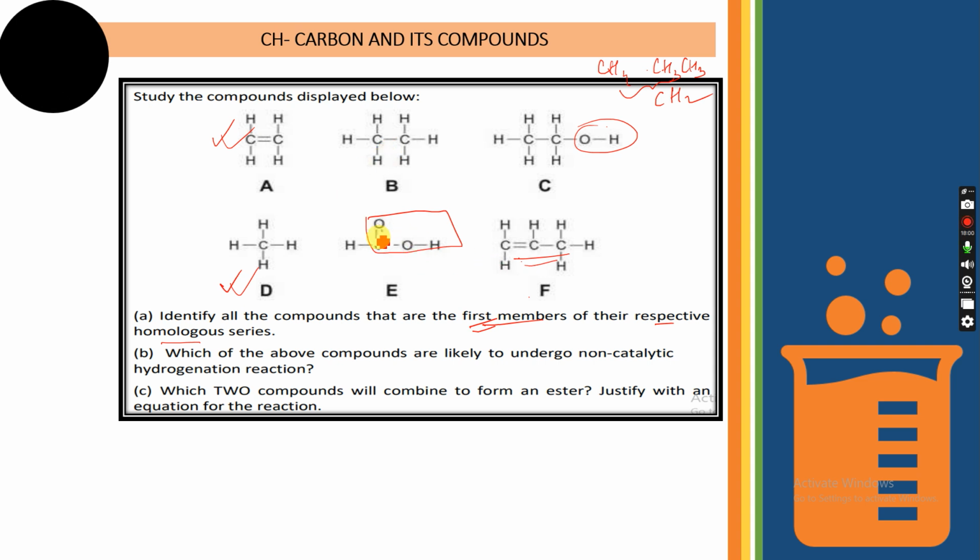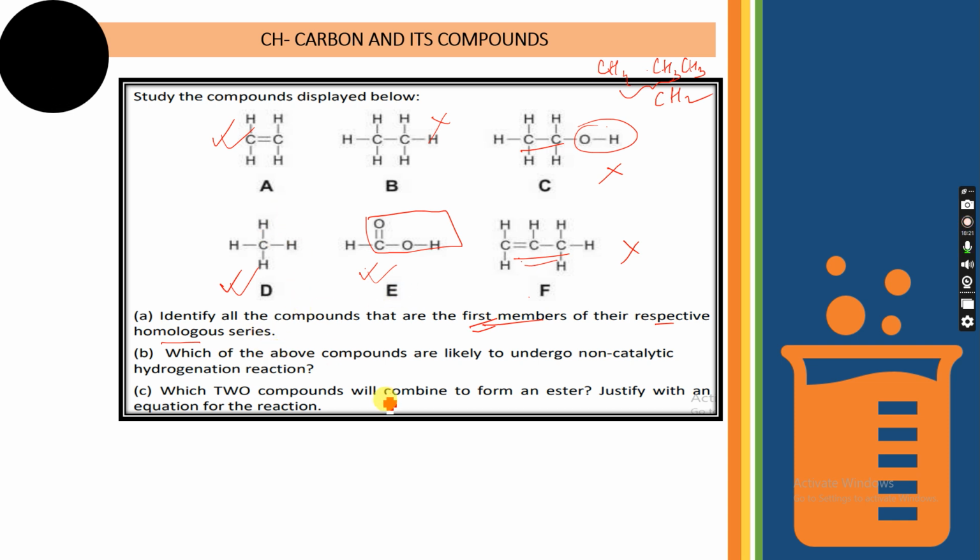Next, carboxylic acid. 1 carbon is there, so yes, this is correct. Formic acid, right? This is methanoic acid. Then here the alcohol family, OH group, but you see 2 carbons, so it cannot be. And this one also cannot be. So the answer is A, D and E.